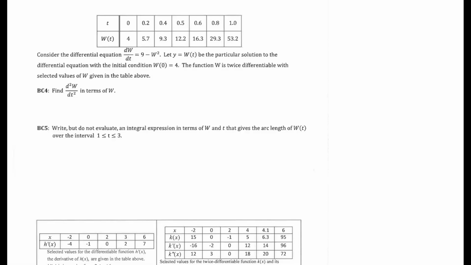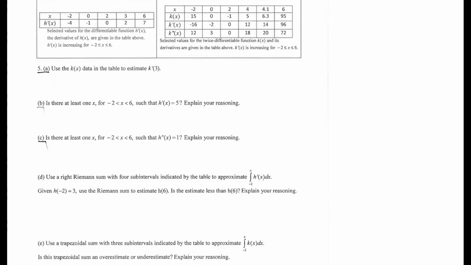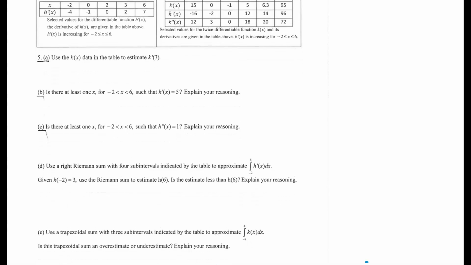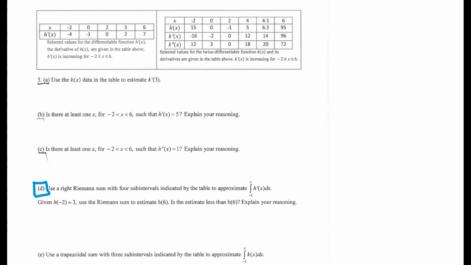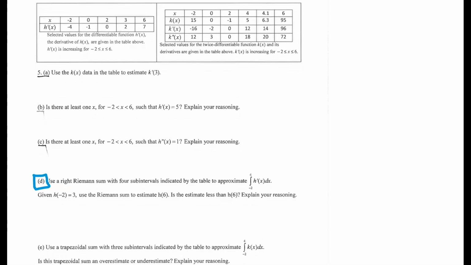And I don't think that one. And here we are. So let's see. We can add D. Use a right Riemann sum with 4 subintervals to approximate the integral from negative 2 to 6 of h prime of x.